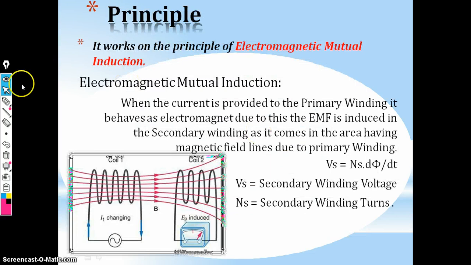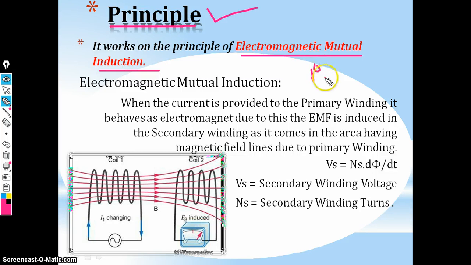Okay, then the next point is the working principle of the transformer. The transformer operates on the principle of electromagnetic mutual induction. That means the transformer consists of two windings, the primary winding and the secondary winding.